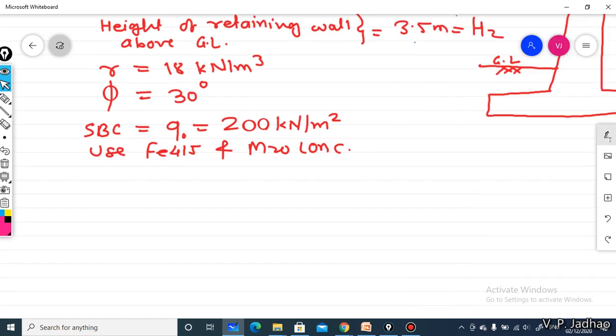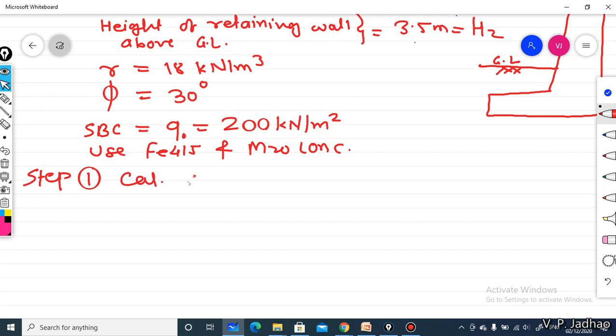So we'll start the design procedure. Step number one is to calculate the coefficient of active earth pressure.